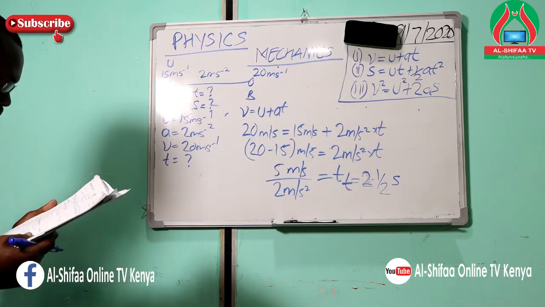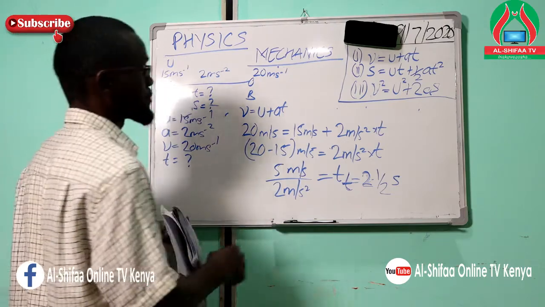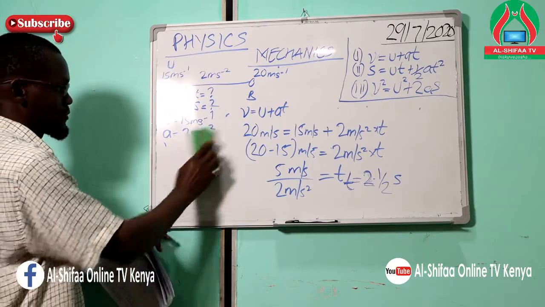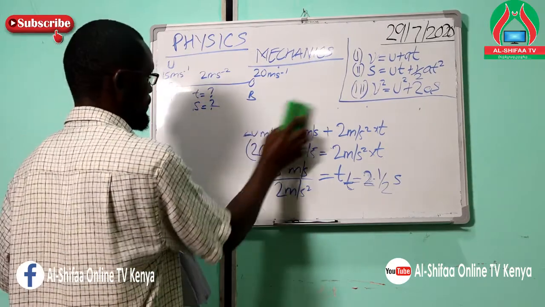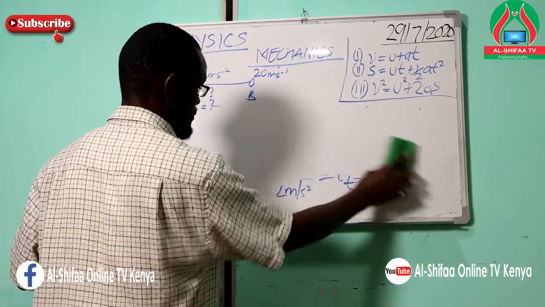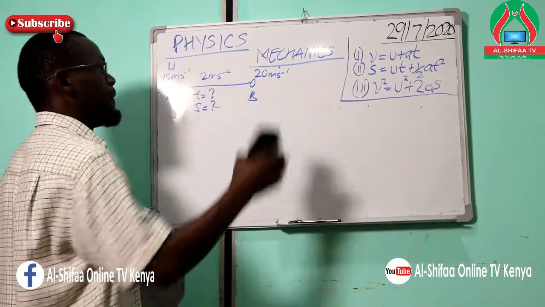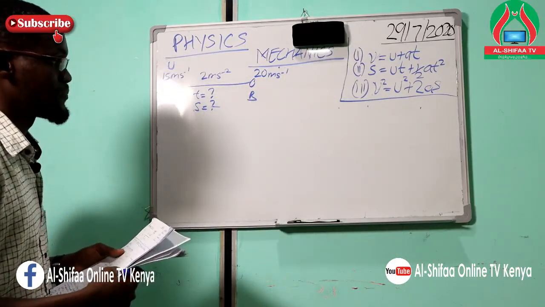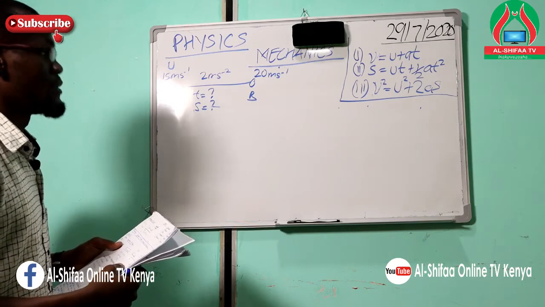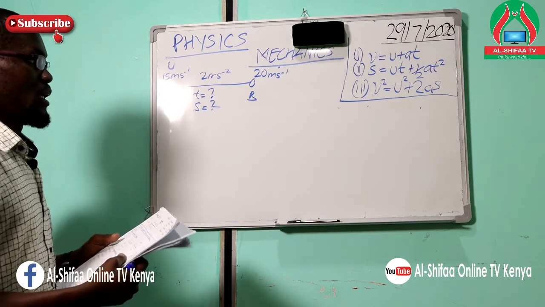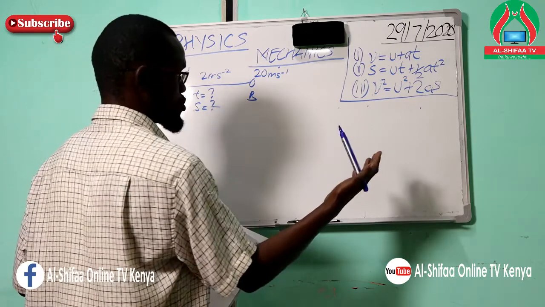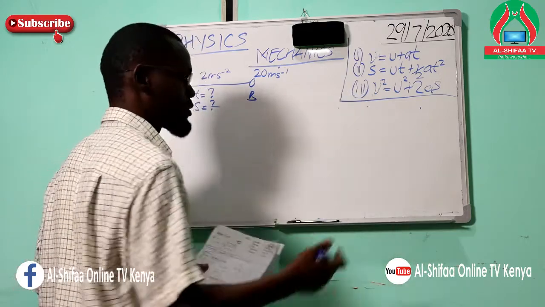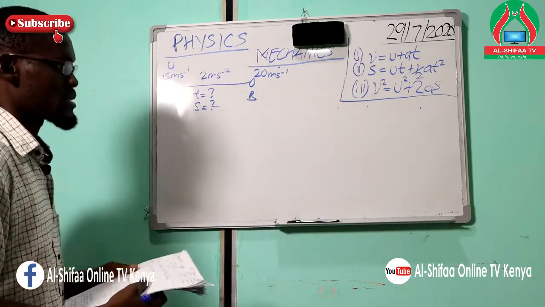Okay, in the second section, the distance traveled. We have got our time, but we need the distance traveled. So we can either choose equation 2 or equation 3, and all will give us the same answer.